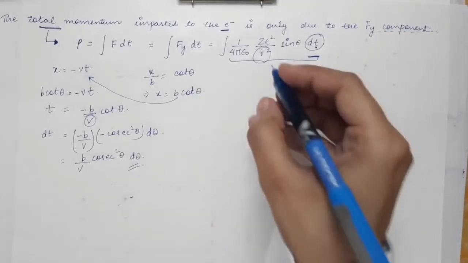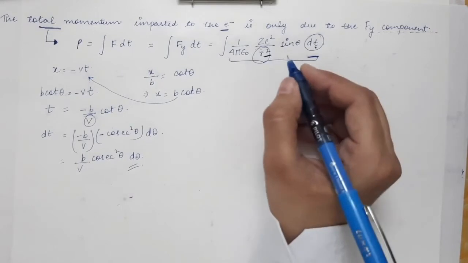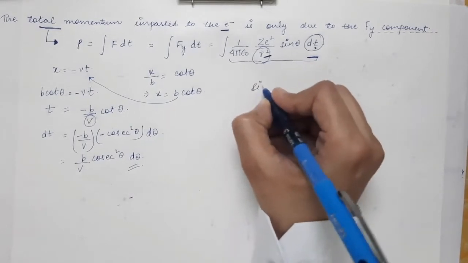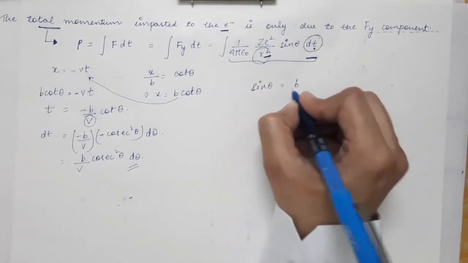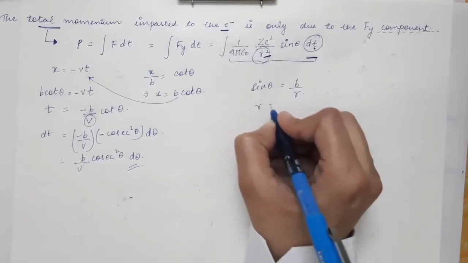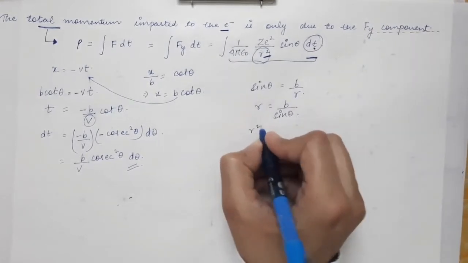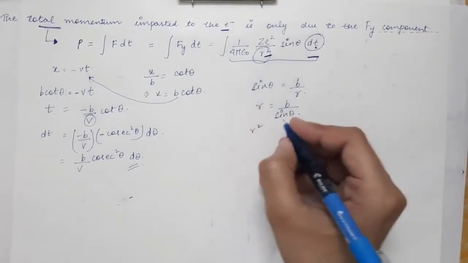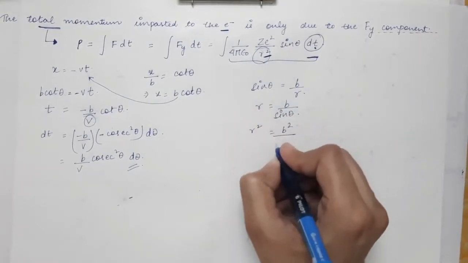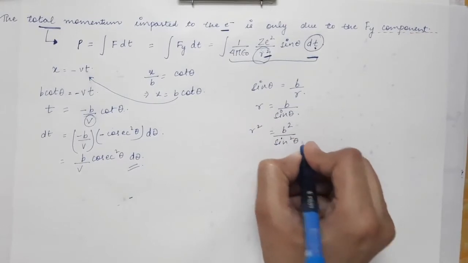And another thing that we had found is the relation of r. So sine of theta we found is equal to b divided by r. So from here r will be equal to b by sine theta. So r square will be equal to b square divided by sine square theta.